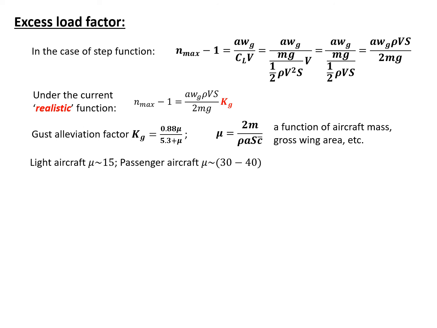If mu is very large, kg will approach 0.88, which is still about 88% of the maximum excess G loading of the step function. In practice, most aircraft have kg between 0.65 and 0.8, which means 65% to 80% of the excess G loading of the step function.